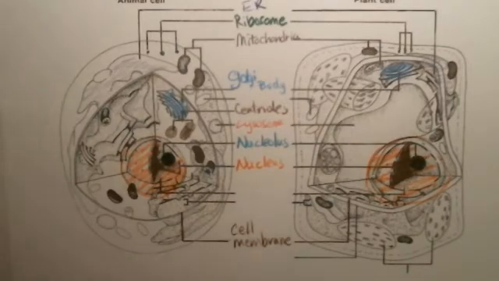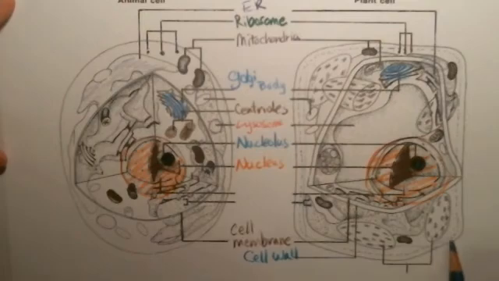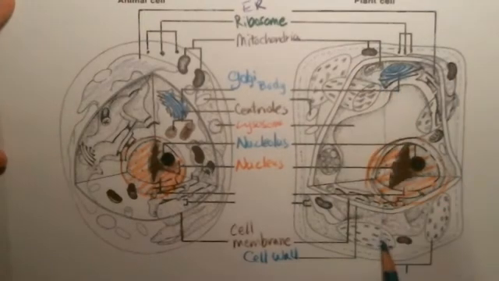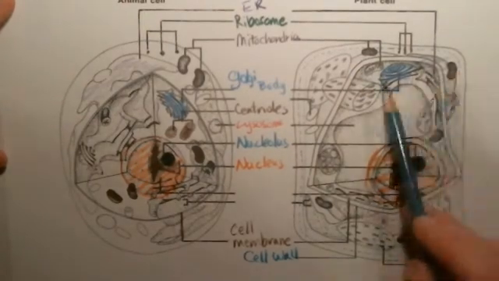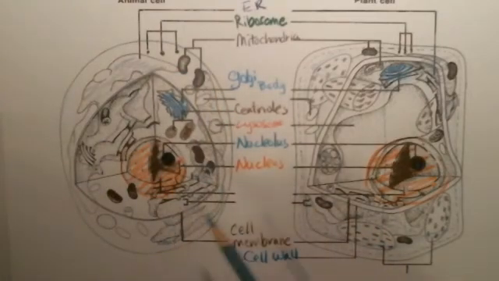Now, a plant cell has two other structures that are not found in animal cells. One of these structures is called a cell wall. Now, a cell wall has two functions. One function is for protection. The other function is for structure, to help hold the shape. It's maybe kind of hard to tell, but this plant cell has almost a cuboidal shape, a cube shape, where an animal cell here has more of a round or spherical shape.